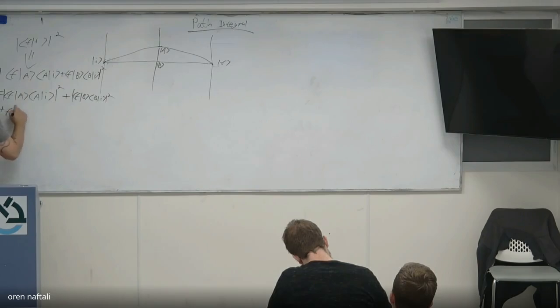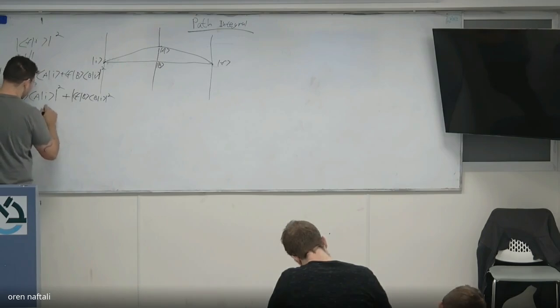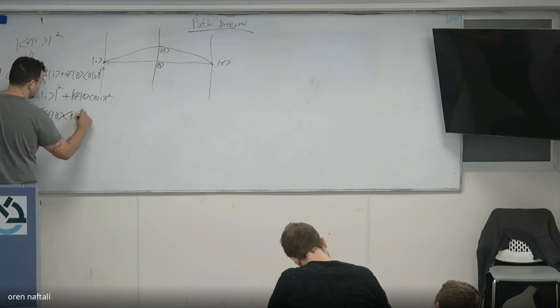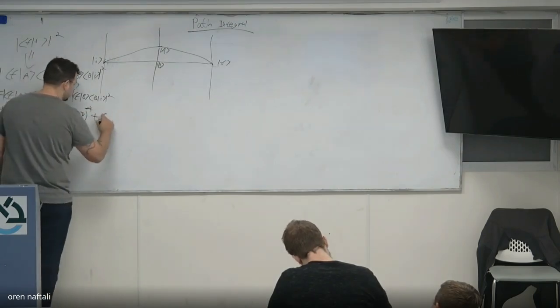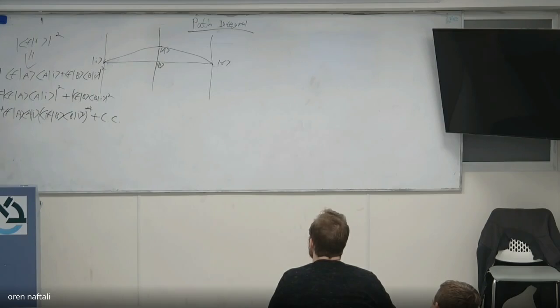So we'll have F A, A I times F B, B I with complex conjugate, plus, I'm just going to make it shorter and write CC instead of writing the complex conjugate of this entire term. This will be the interference term that we know from the two-slit experiment, talking about particles.